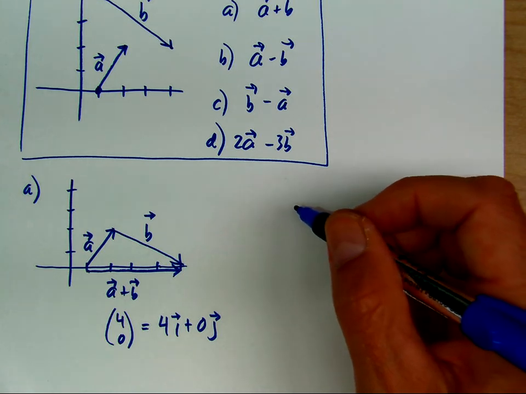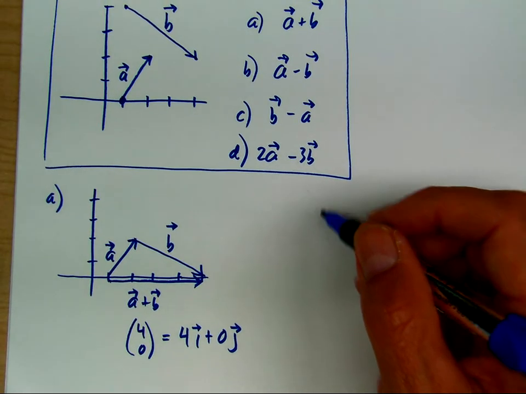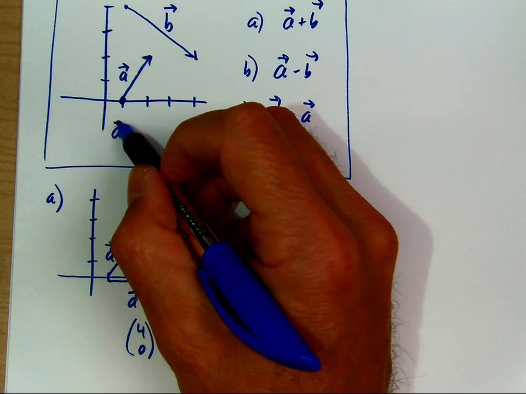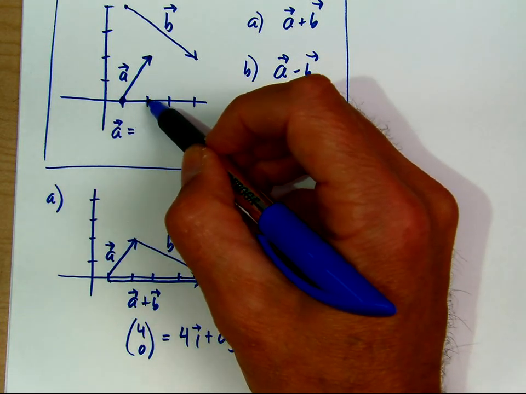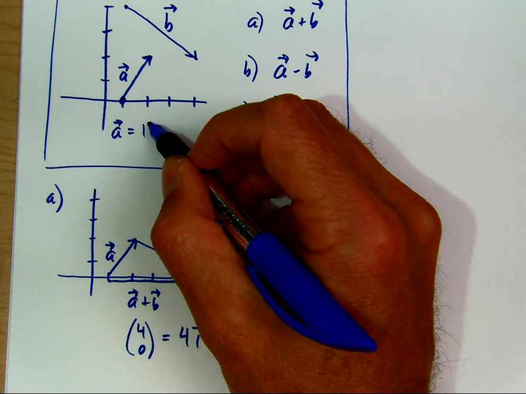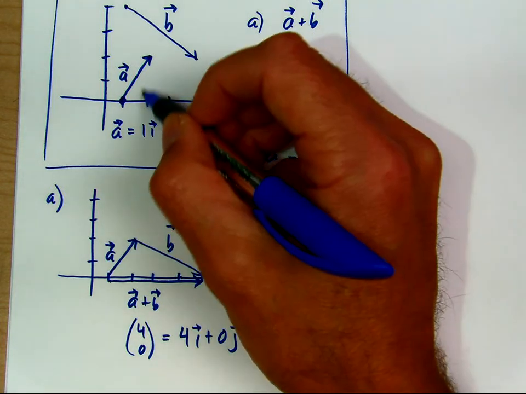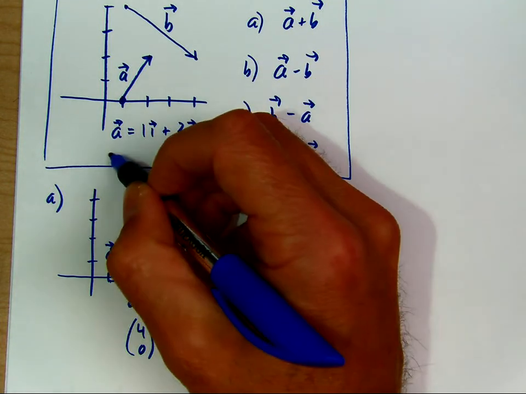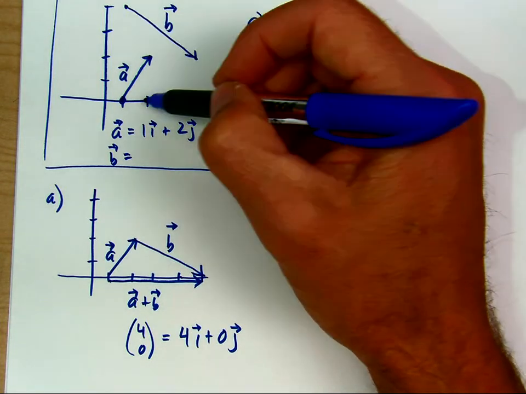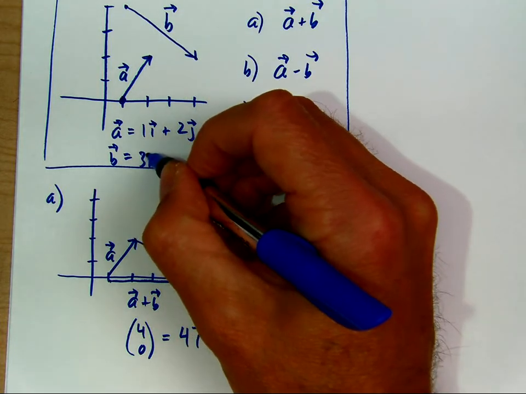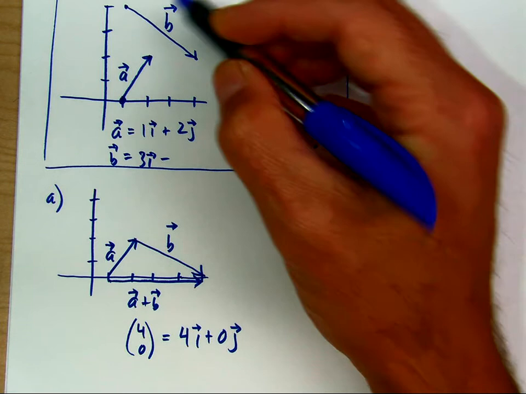And also before we continue, let's look at vector A. The horizontal component is 1, so that's 1i plus 2j. B's horizontal component is 1, 2, 3, 3i, and this will be minus 2j.